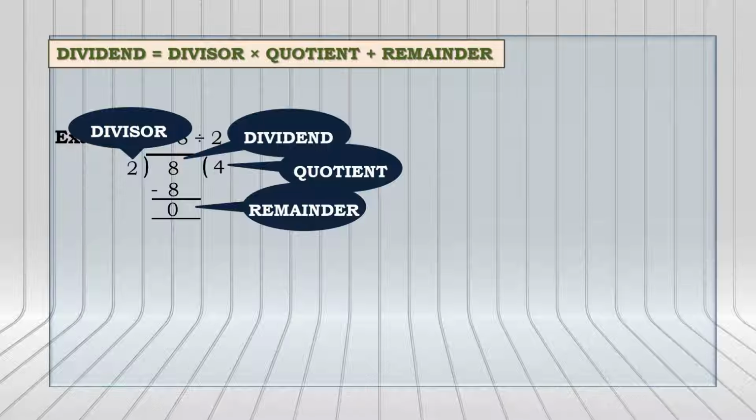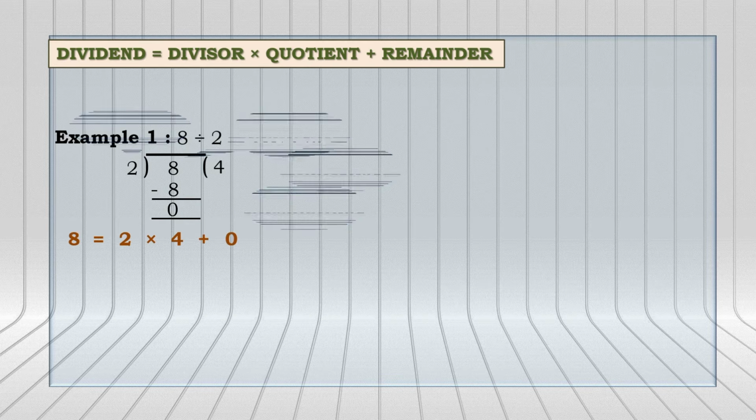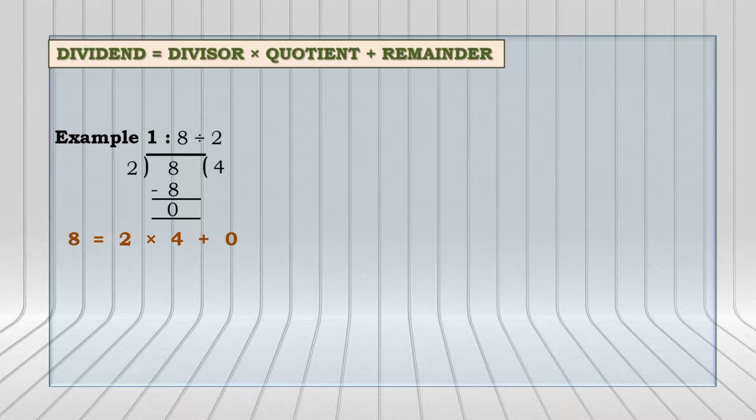I think you all know the formula: dividend is equal to divisor into quotient plus remainder. So 8 can be represented as 2, the divisor, into 4, the quotient, plus the remainder 0. We can represent any dividend in this form, divisor into quotient plus remainder.